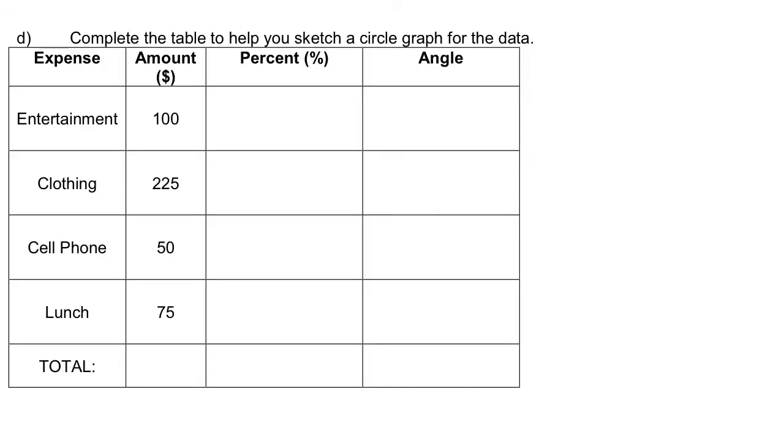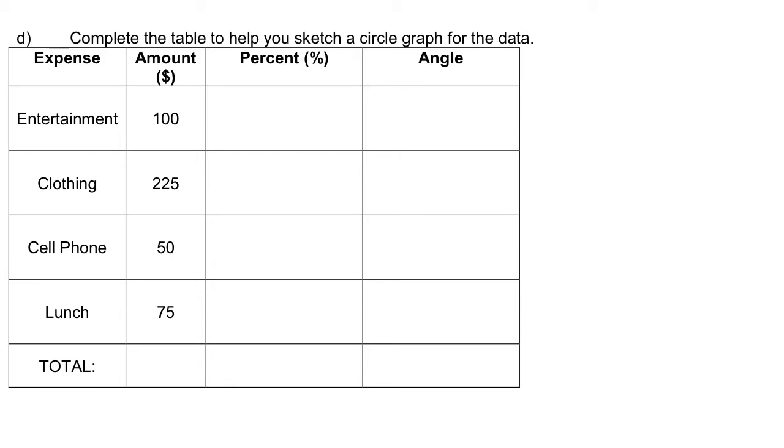Well, now we're going to use the same data, so I have it listed just in a different table here. We have our expenses and our amounts for each expense. But this time we're going to make a circle graph or a pie chart. This is a little more difficult to figure out because you need to figure out how big to make each wedge of the pie.